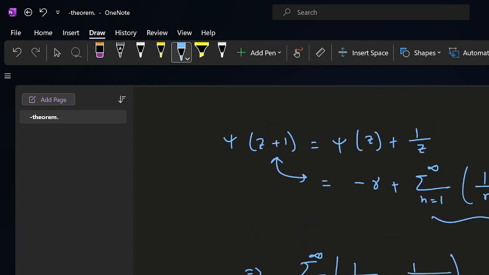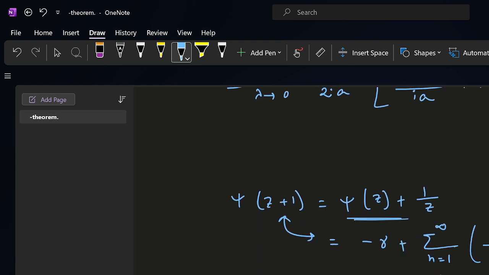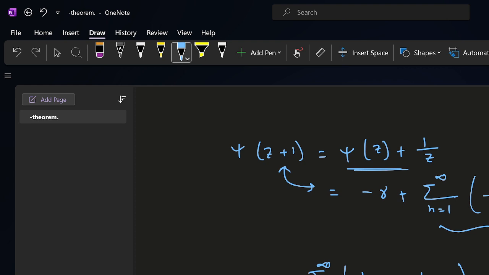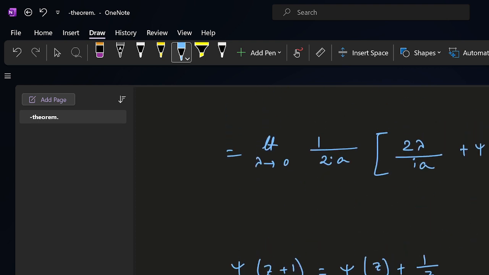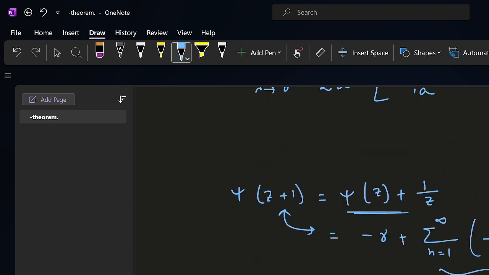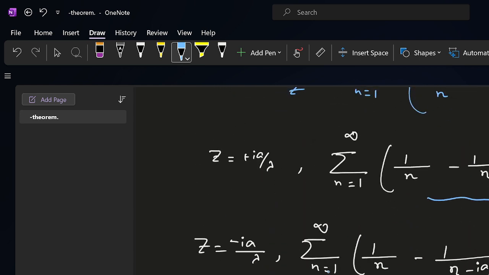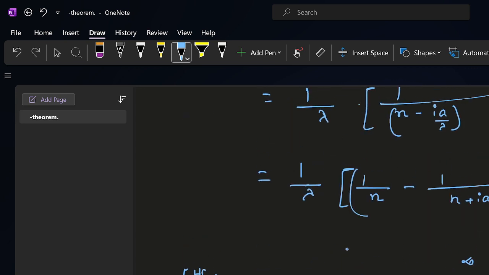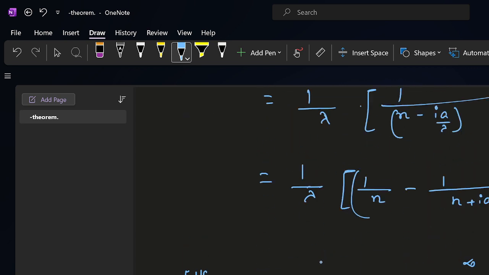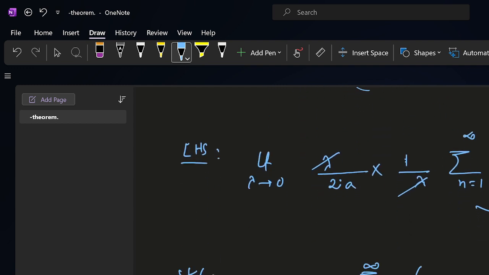Yeah, so until this part we had to do, and basically we express this part. We do not need the other part because ultimately the equation will become simpler if you use this form and replace this in terms of ia by lambda, the whole thing. So what it becomes is the limit of lambda tends to 0, then you have 1 by lambda, then 1 by n minus this thing for plus ia by lambda, and then in the second case you had z equal to minus ia by lambda.